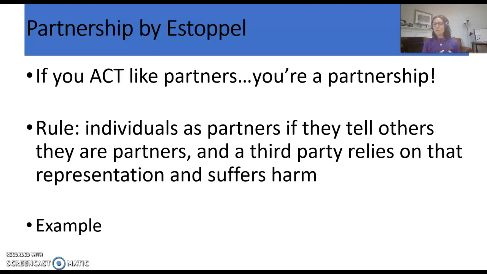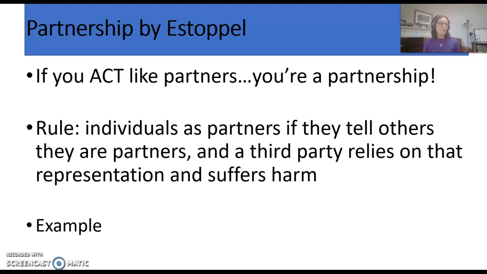So if you act like you're partners, or you introduce, let's say, your friend as your business partner, and then someone else relies on that and really thinks that you are partners, then you're responsible as partners. And this is really important because partners, because there are now two or more individuals, share profits, but they also share losses. So let me just repeat that. When you're a sole proprietor, all the money that you earn, that's yours to keep, right?